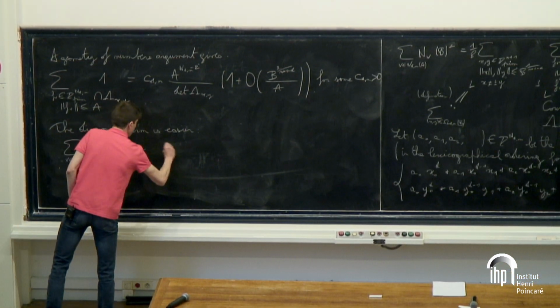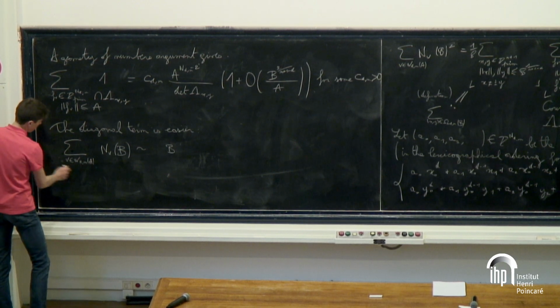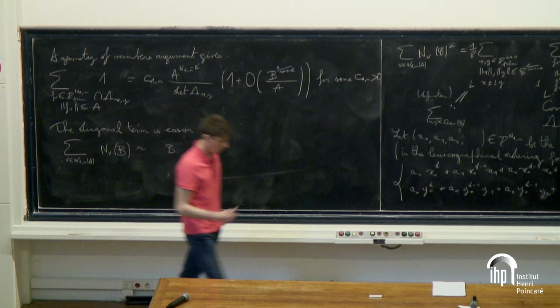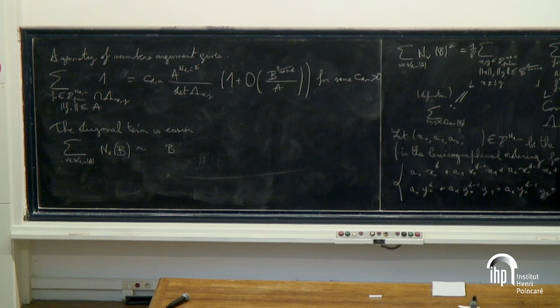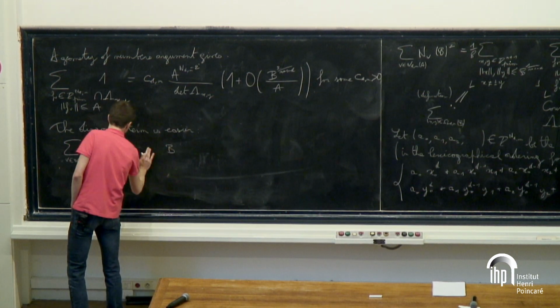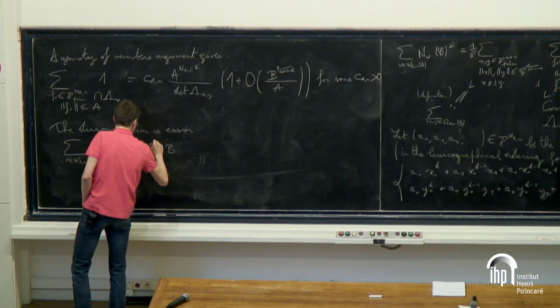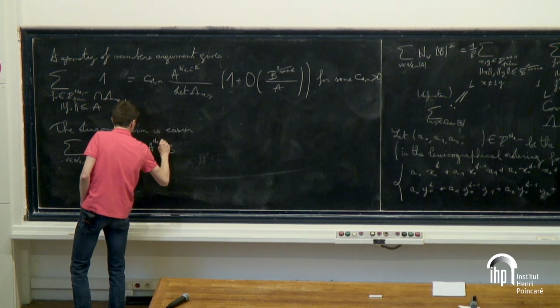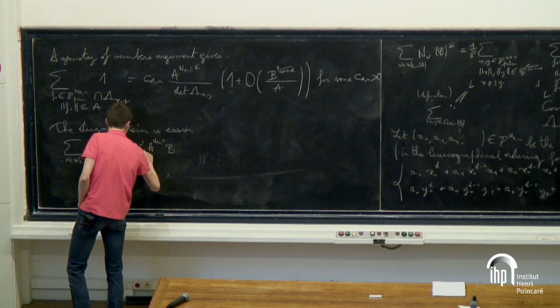So what we expect here is a power 1 for B. And we have a lattice condition, which is this time of rank N_d,n minus 1. So we expect A to the N_d,n minus 1 times some other constant.